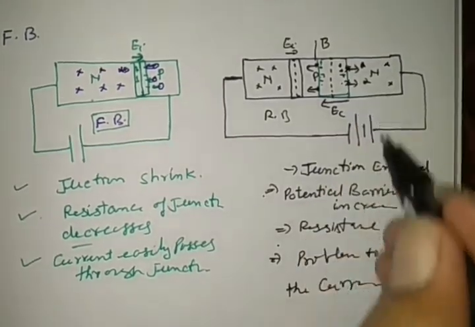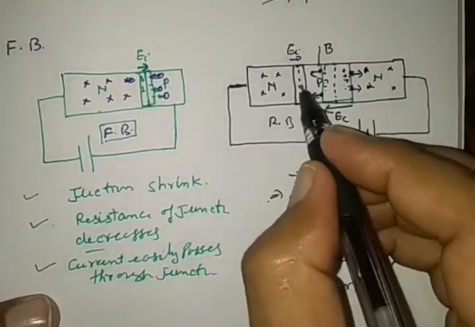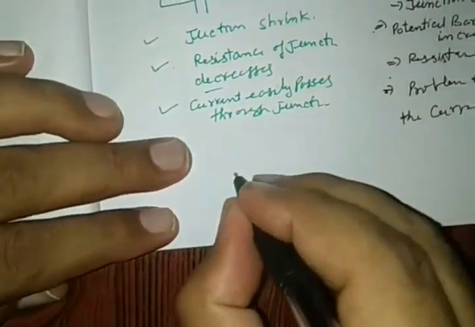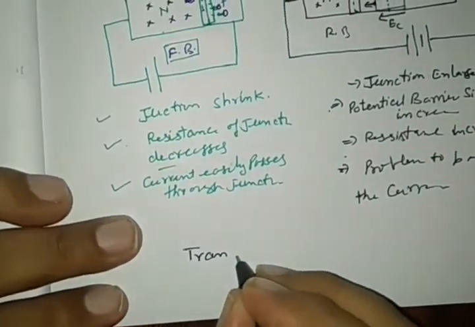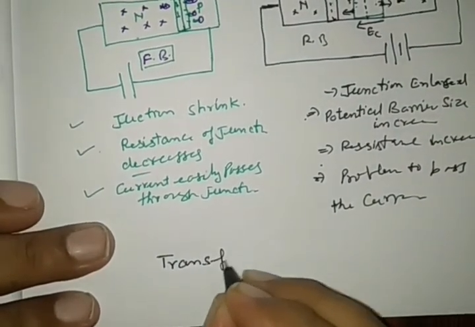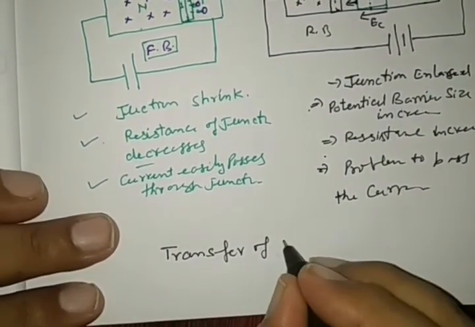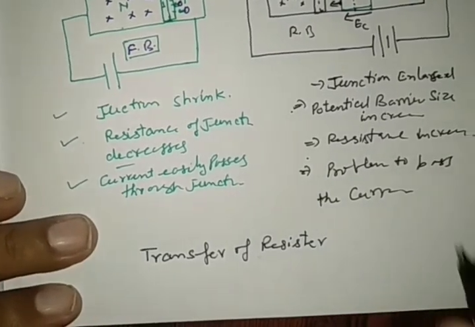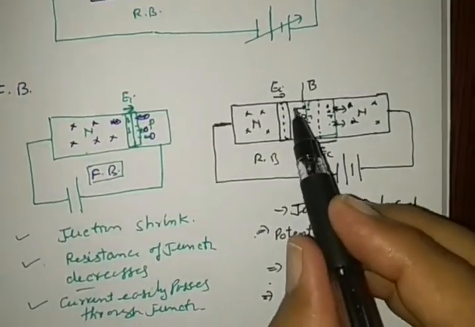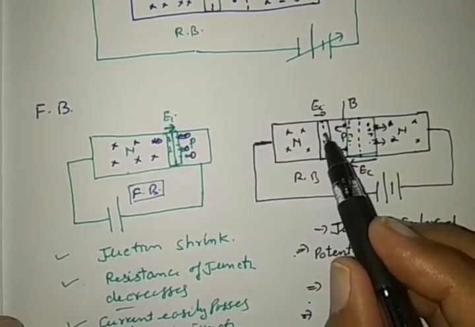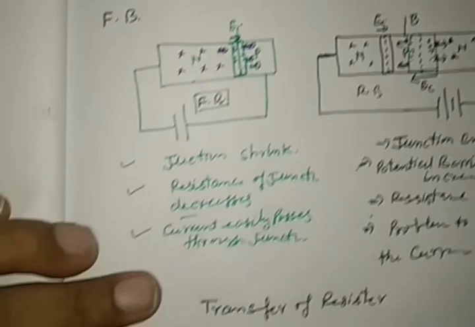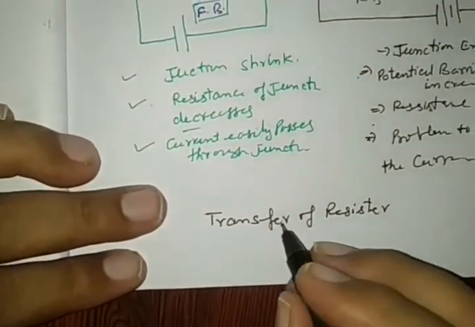So resistance increases. So here is a transfer of resistor. What is transfer of resistor? Resistor transfers from the forward bias junction to where? To the reverse bias junction. That is why it is called transfer of resistor.